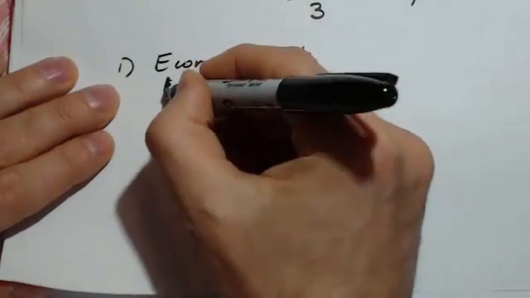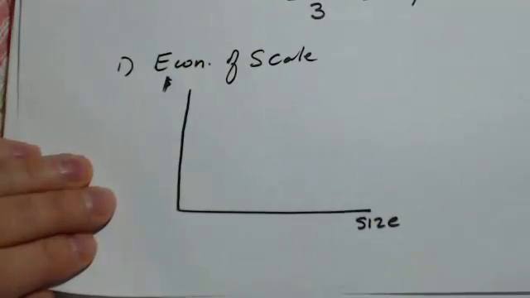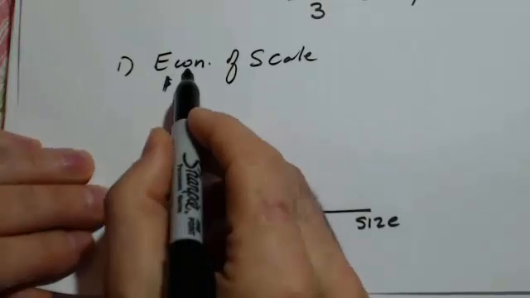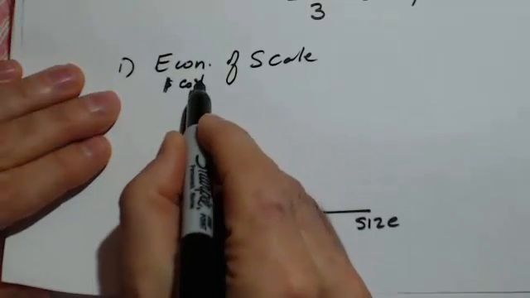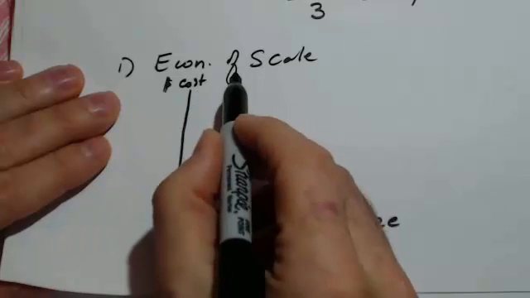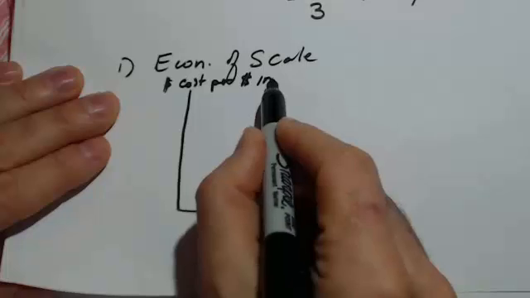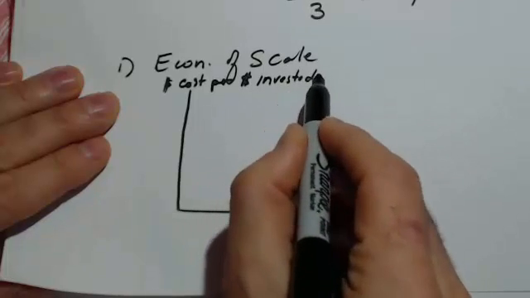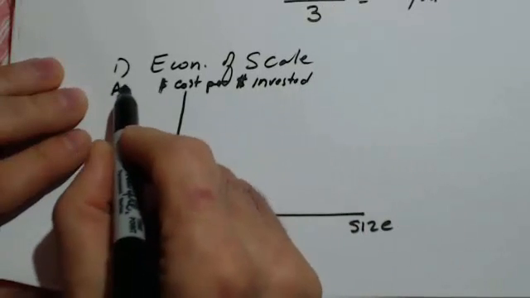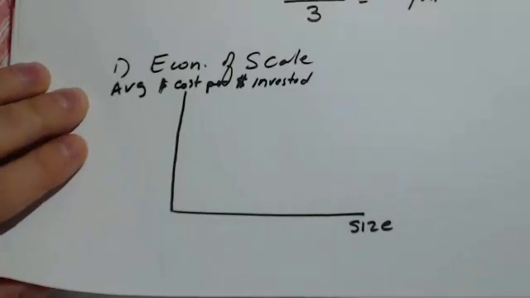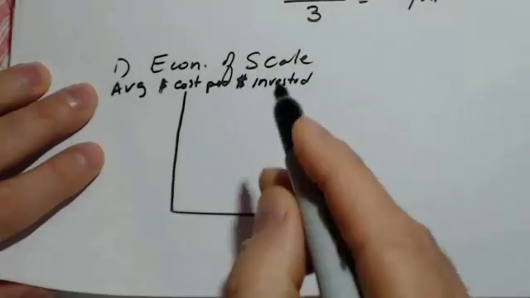Here we want to be specific because we're dealing with mutual funds, so the cost is the average cost per dollar invested. That is what I want to label this axis as.